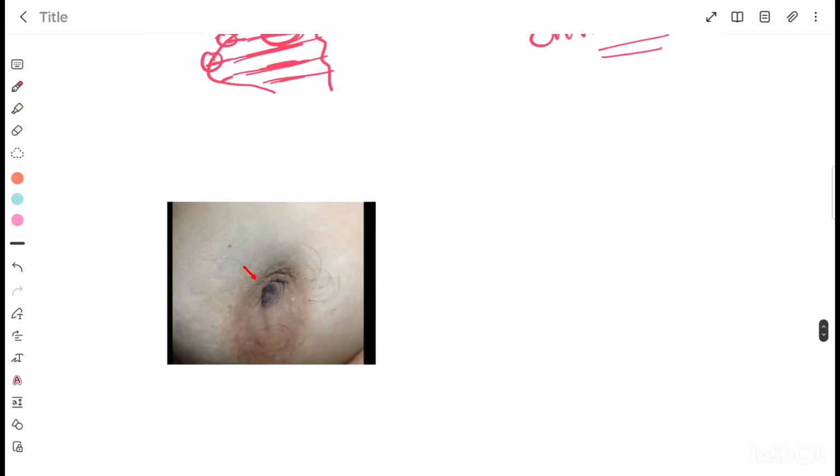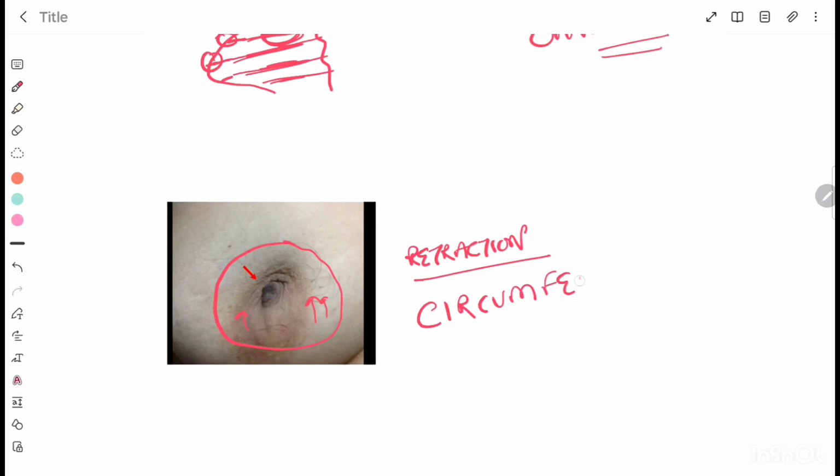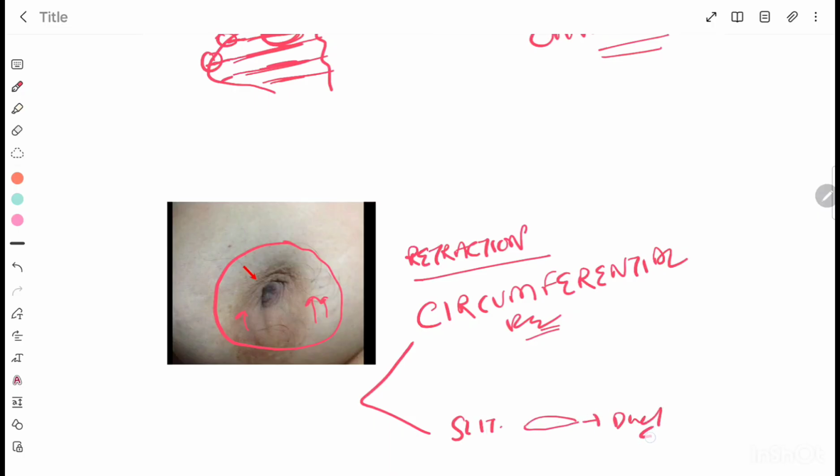After this, there is a retraction. You can see the nipple goes inside. So this is the retraction of the nipple. And in more detail, circumferential retraction. Two types of retraction will be seen: slit-like, which I have already discussed in duct ectasia, and circumferential in malignant breast lump.